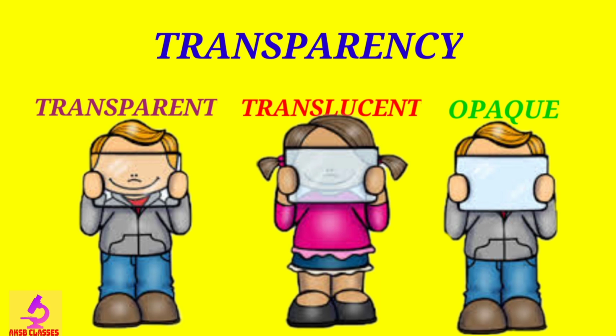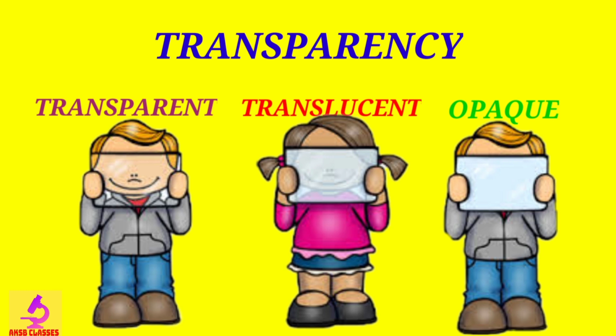But if we can observe nothing from the other side, or if we put any object on one side and observe from the other side, and we cannot say what object is there, then it is an example of opaque, just like a wall.